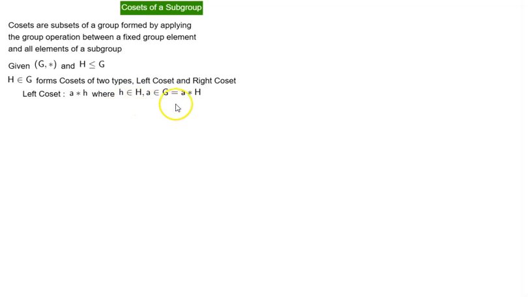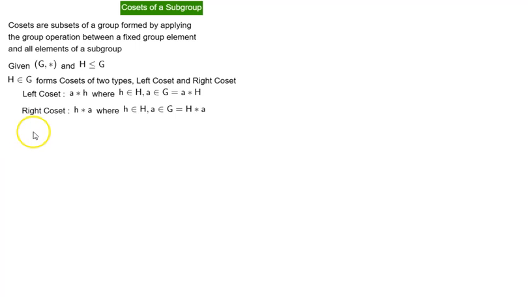So because we are doing that, we write it as aH, that is subgroup H. So this means take an element a from the group, multiplying it with each element of the subgroup.